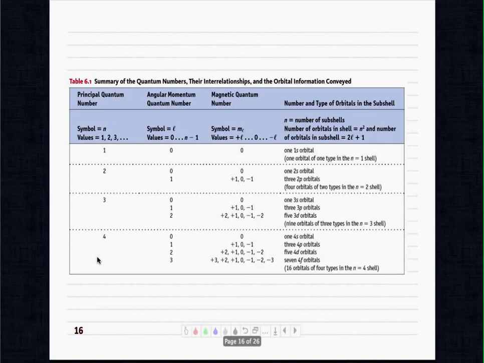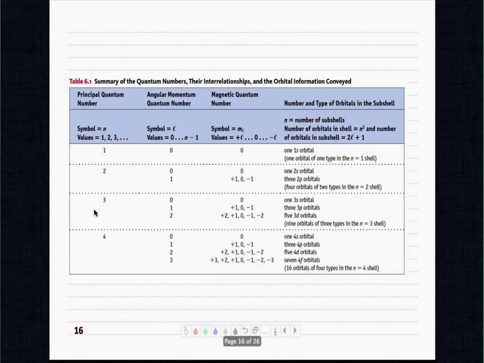So the number of orbitals in a certain shell equals n squared. In this case, n squared equals 9 orbitals.